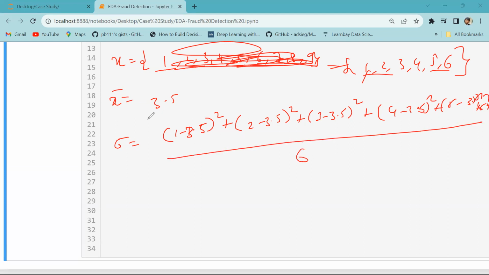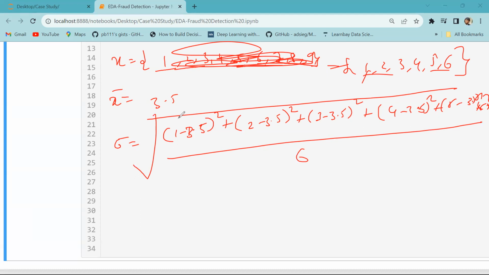N means 6. Then we have to apply the square root. So you might get some value that we call the standard deviation. If it is the sample data, then 6 minus 1, it would be 5.